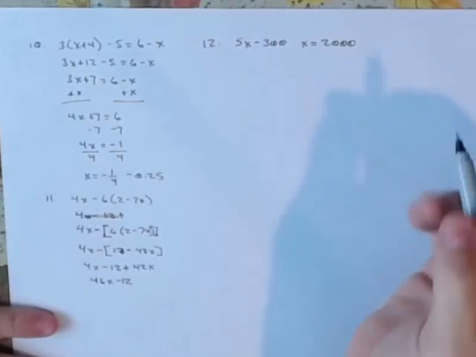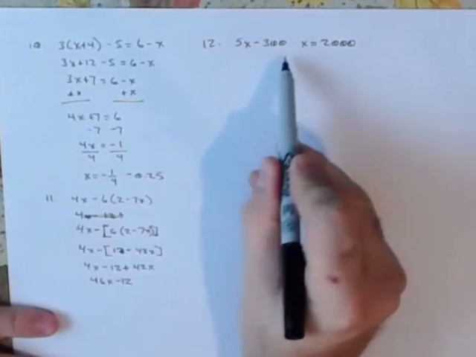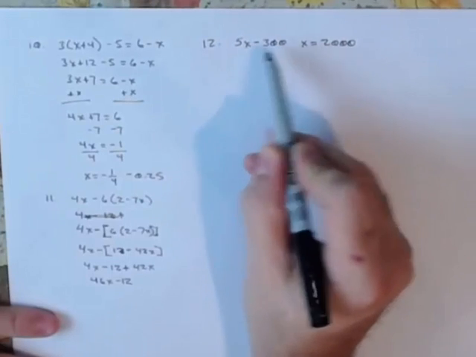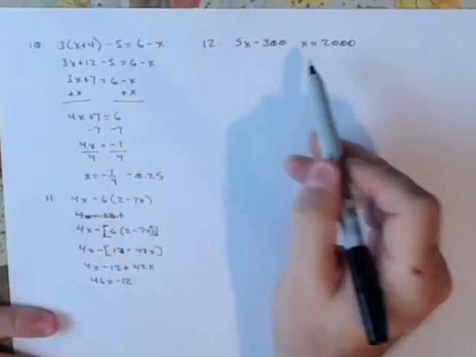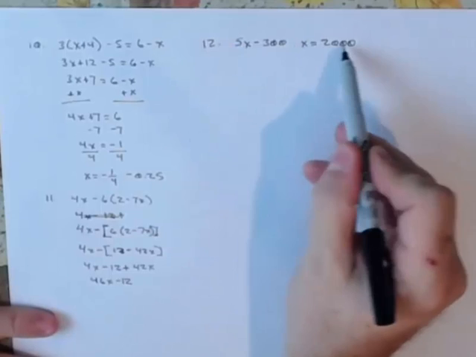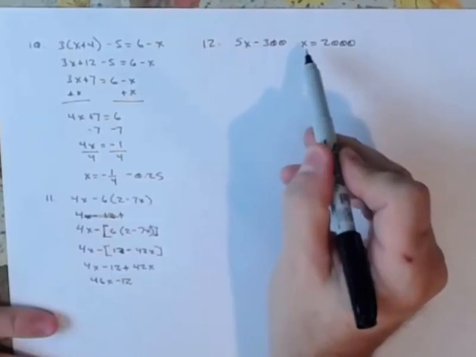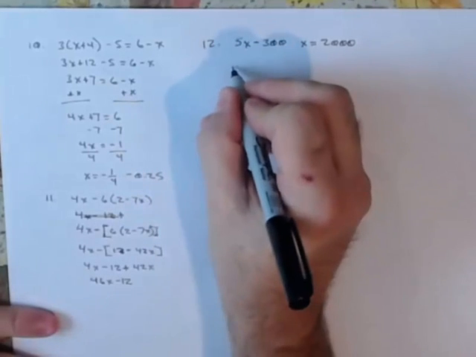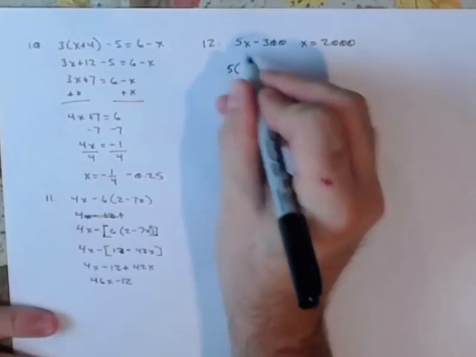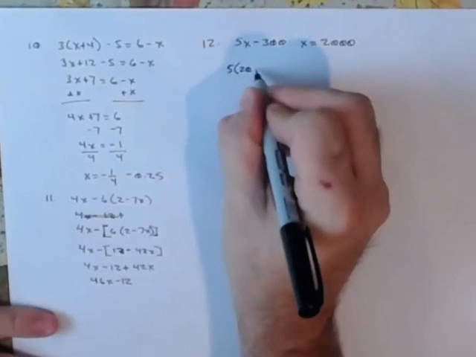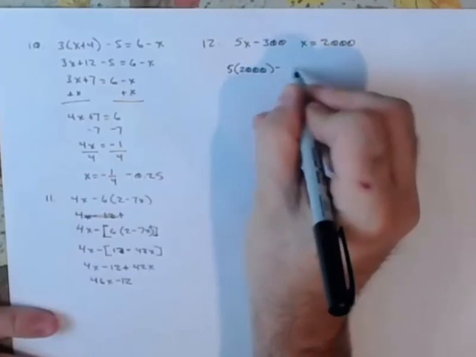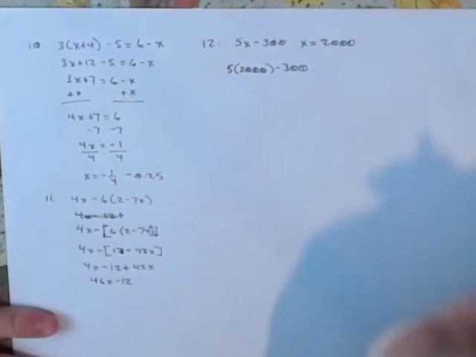So what I'm going to do is go through this mathematical string here, and every time I see the variable that I have a value for, I'm going to plug it in. So 5x minus 300 when x is equal to 2,000, I can rewrite that as 5 times 2,000 minus 300.